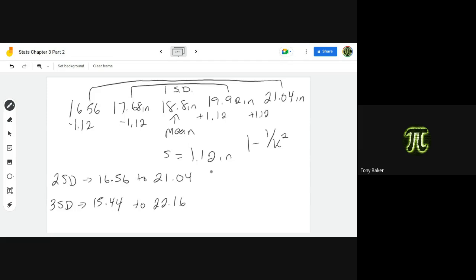So this is greater than 75%. So greater than 75% of all men should have a forearm between 16.56 inches and 21.04 inches. It doesn't tell me the exact. It tells me it's greater than, actually, technically greater than or equal to, because it could equal 75%.